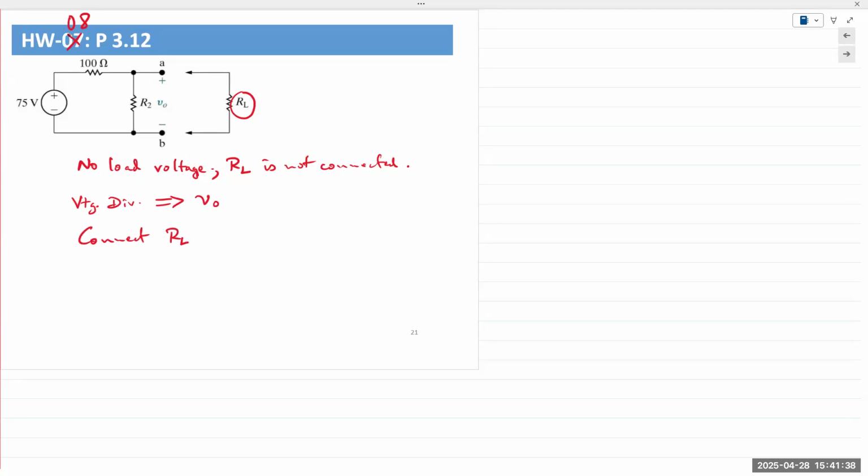So when you connect RL, now RL is in parallel with R2. So RL becomes parallel with R2. You reduce that to find Req of those two resistors. Let's call it R3.